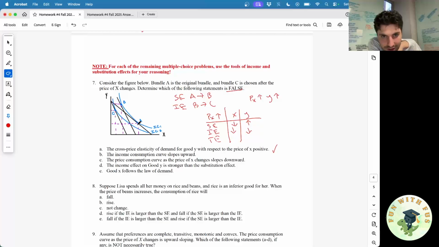And the total effect is from A to C: my X went down and my Y went up. That matches up with our little table right here.